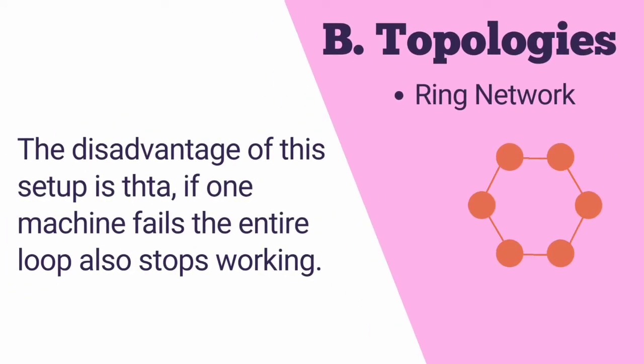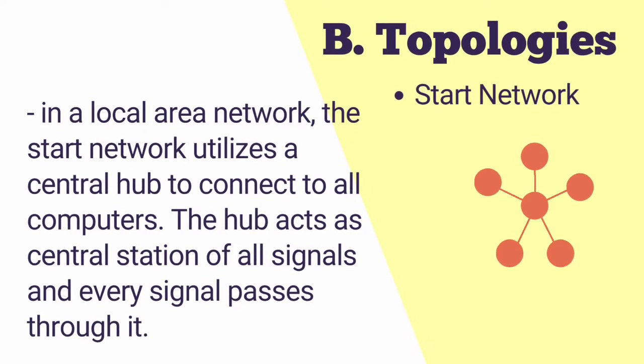So there are disadvantages of using ring network, such as if one computer or machine fails, the entire loop will also stop working. Next, we have the star network. Star network in a local area network.